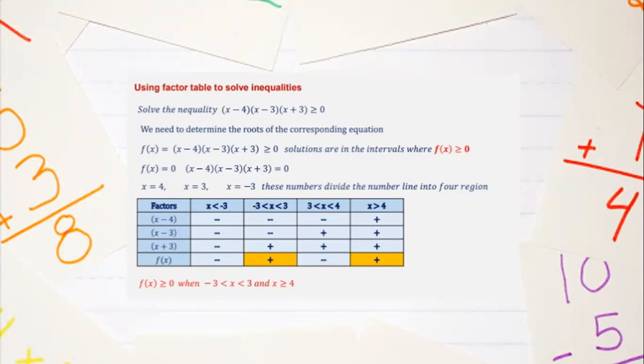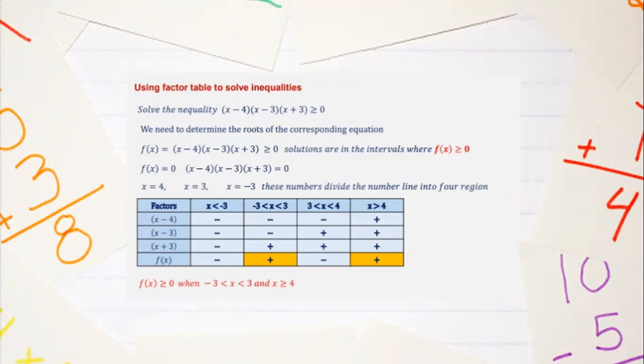And you can see where there's a positive sign. When we put x plus 3 with minus 3 smaller than x smaller than 3, we get a positive sign. And for f(x) with minus 3 smaller than x smaller than 3, we get a positive sign again.